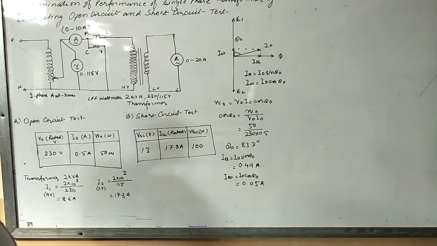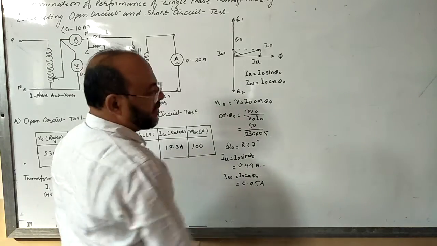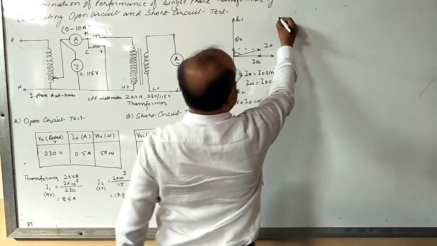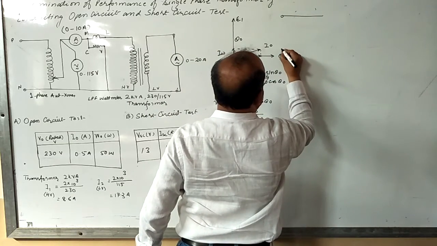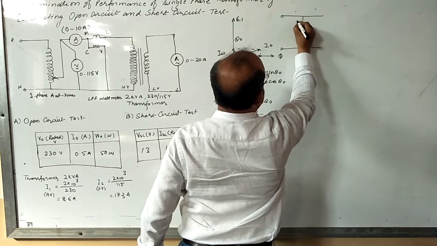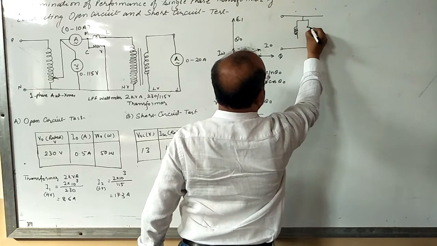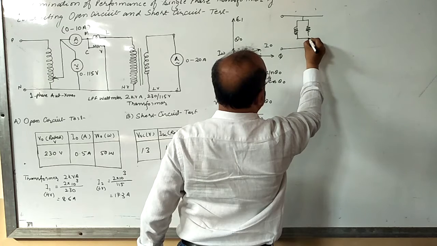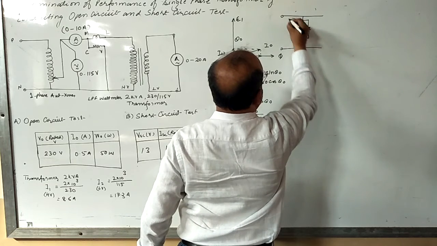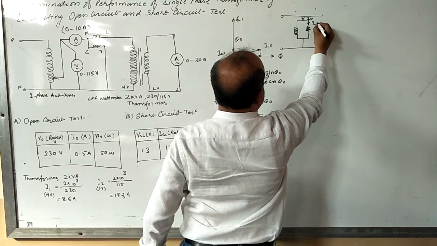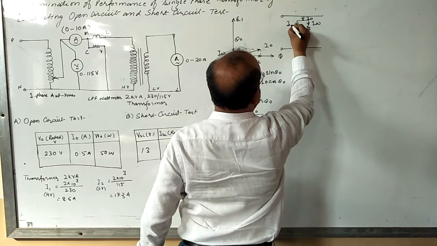From this open circuit test we are going to find out the exciting component. The exciting reactance and resistance show the core loss of the transformer. This current is I0, this current is IW, this current is I mu.